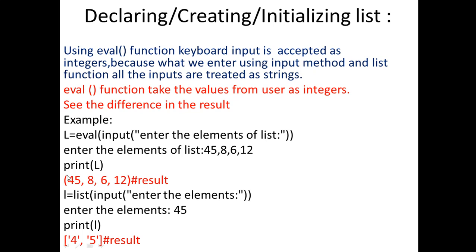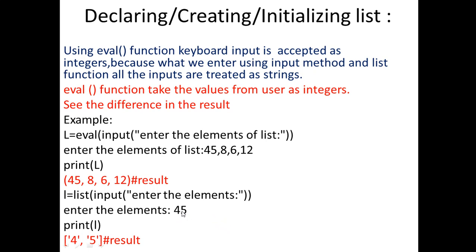A tuple is identified by these small brackets opening and closing. So what you have entered, the result comes in that way only. Integer value you have entered, integer value you have got as output. But in this other example where you have used the list, when you have entered 45, you have got the value as 4, 5 in the form of a string.